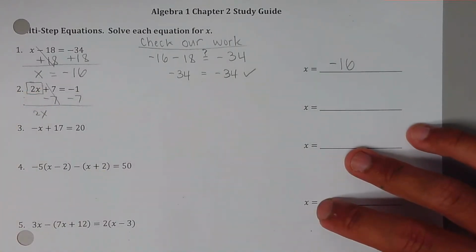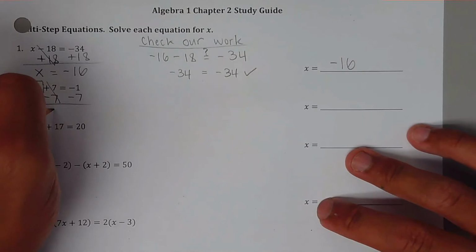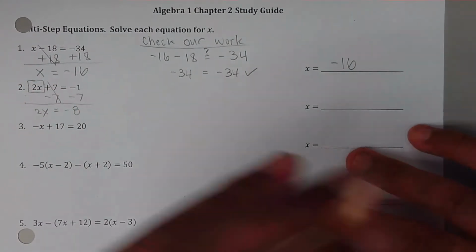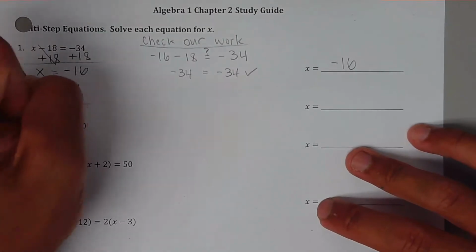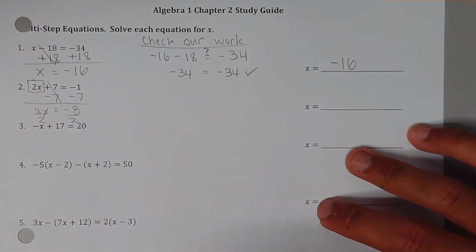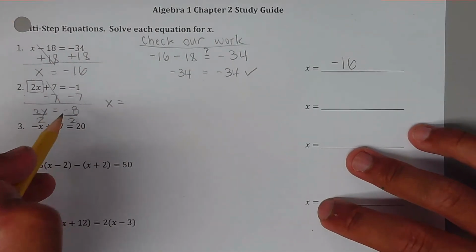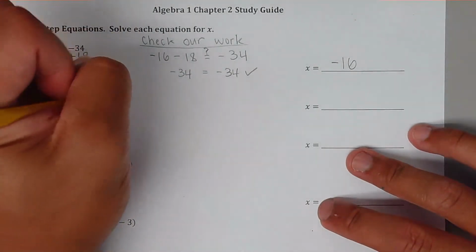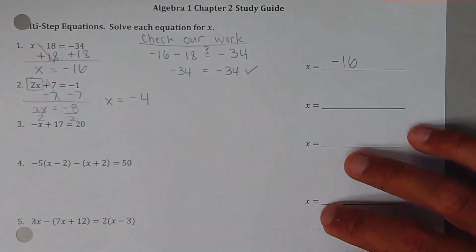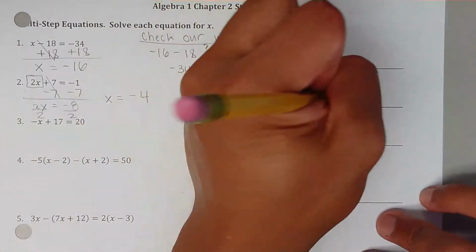So cross out those 7s. 2x is equal to negative 8. Dividing both sides by 2, we get x is equal to negative 4, right? Negative 8 divided by 2 is negative 4. X is equal to negative 4.